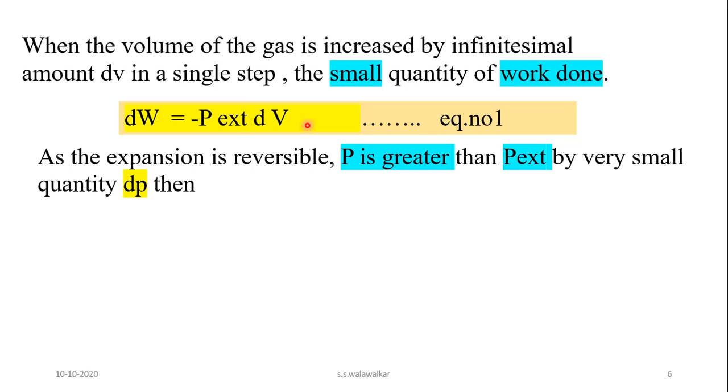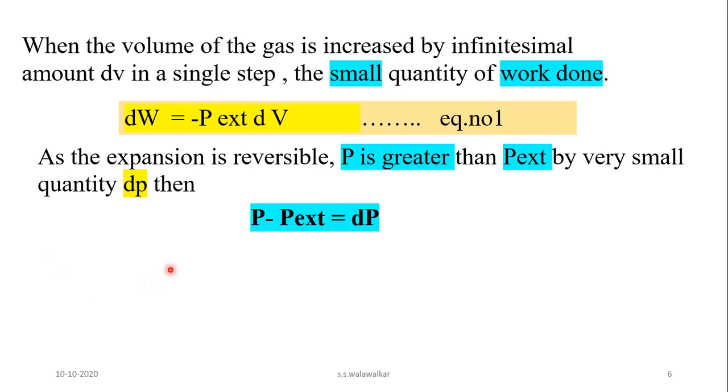Now as this expansion is reversible, the pressure of the gas is greater than the external pressure by a very small amount, that is, the decrease in pressure is by a very small amount, denoted by dP.